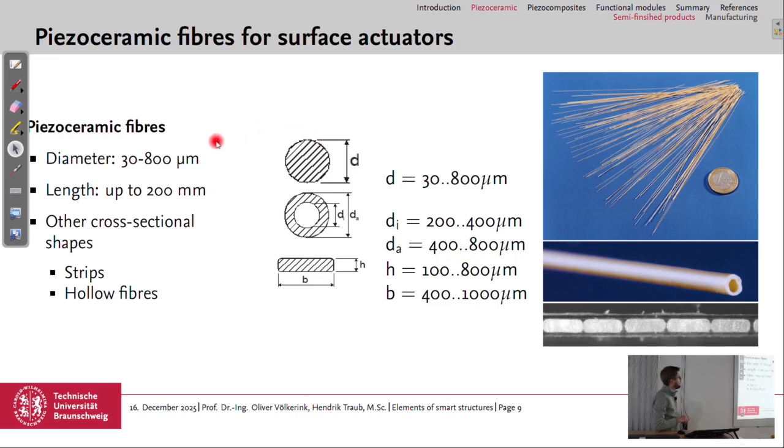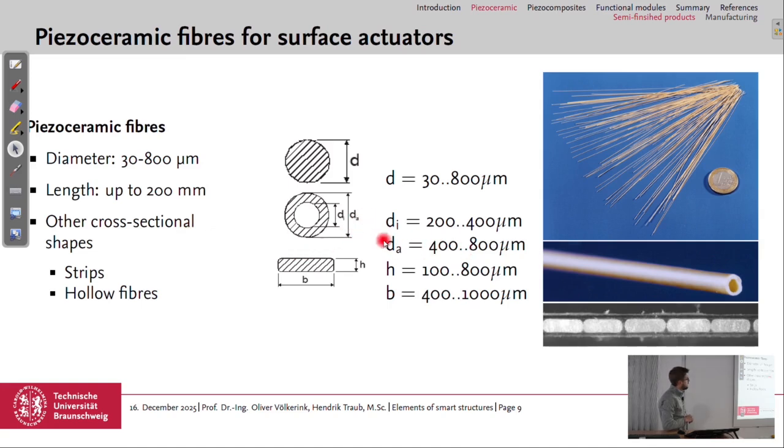Another form of piezoceramic semi-finished products for surface actuators are fibers. We can have round fibers, hollow fibers or strips. Round fibers have diameters between 30 and 800 micrometers and are up to 200 millimeters in length.